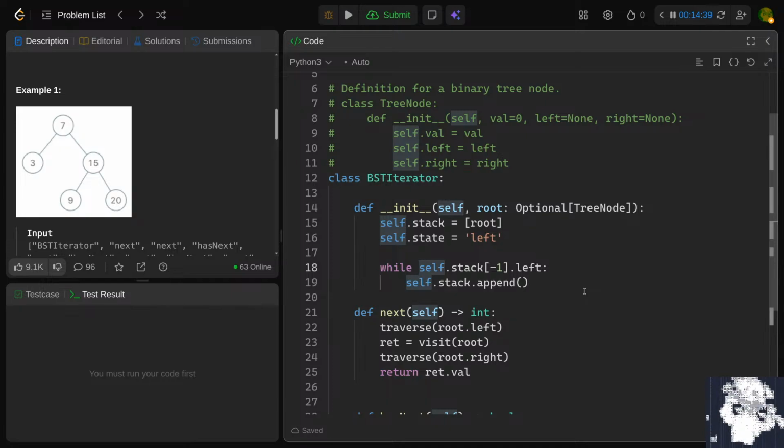Here, I can use the walrus operator to assign a variable while you check if it's true. So this will start my stack and myself all the way down in the left. State, I'm not sure how this works yet.